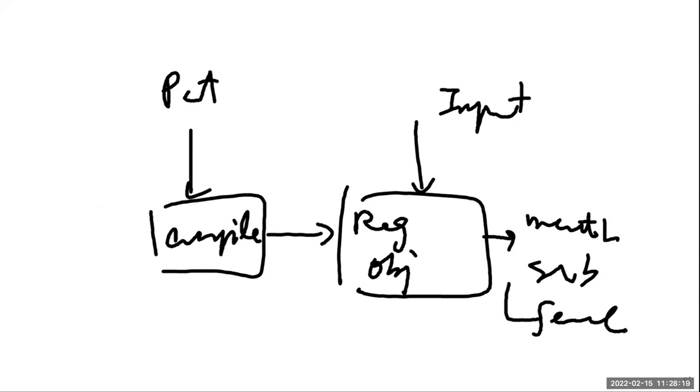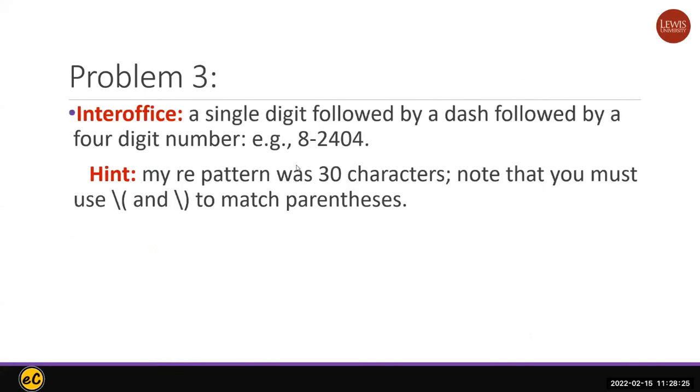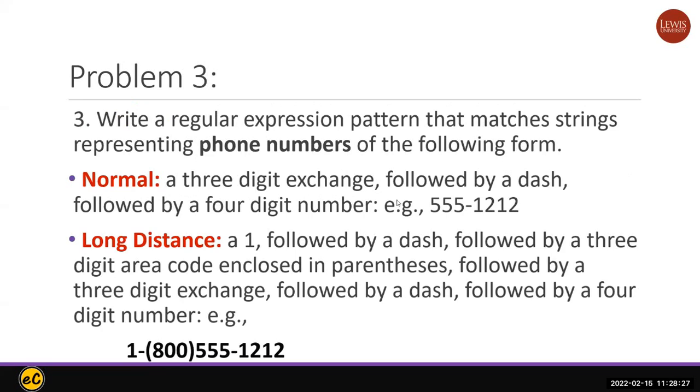So right here, let's go back one more time. Problem 3: if you want to design the phone number, let's assume that there is the one with area code and the one without area code. The normal code will be a 3-digit followed by a dash followed by a 4-digit.